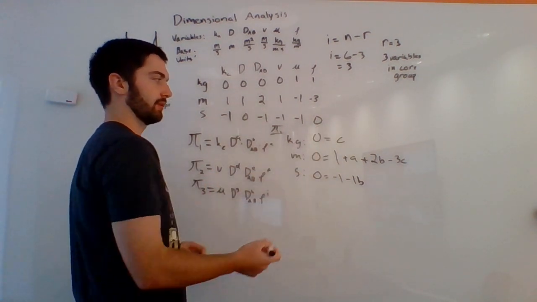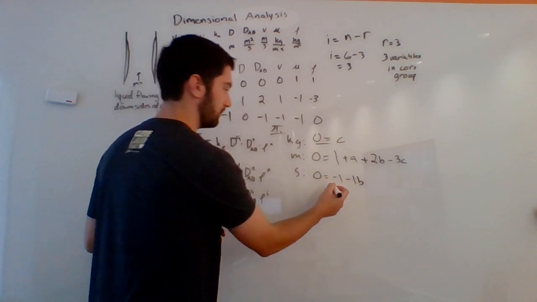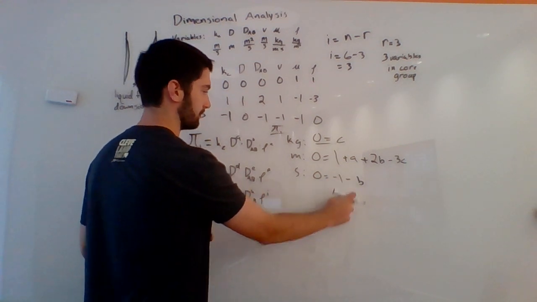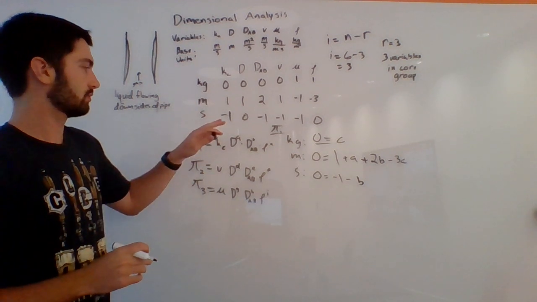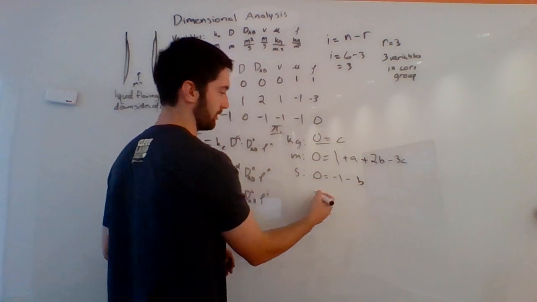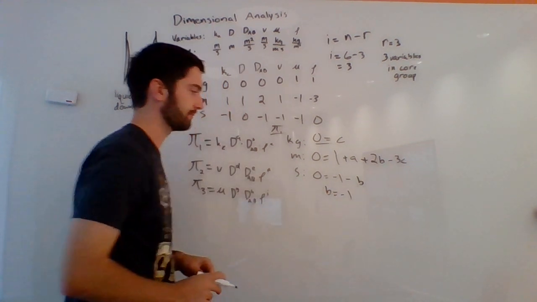So we know from this equation that C is obviously equal to 0. And from this one, we can solve for b. So if we just add b to the left side, we know b is equal to negative 1.